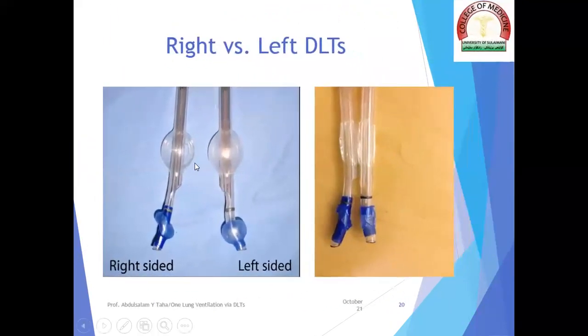And this picture shows both the right-sided and the left-sided double lumen tube, showing the differences. The left bronchial balloon is rounded without a slit, while the right-sided bronchial balloon is oblique and has a slit or Murphy's eye for the ventilation of the right upper lobe.